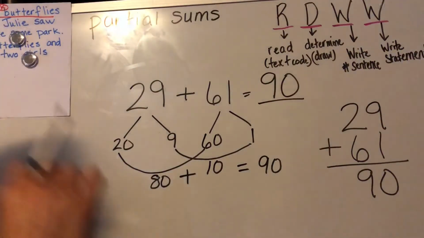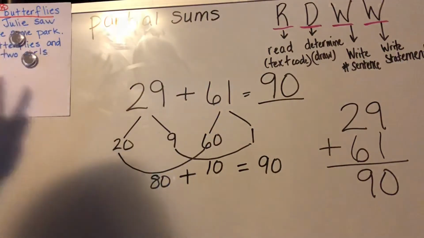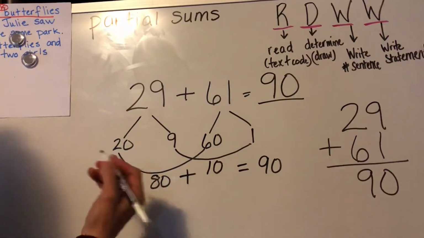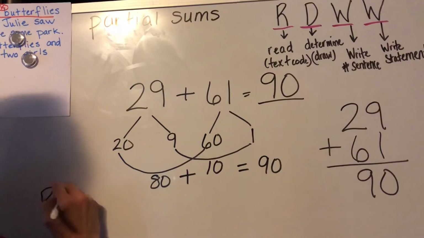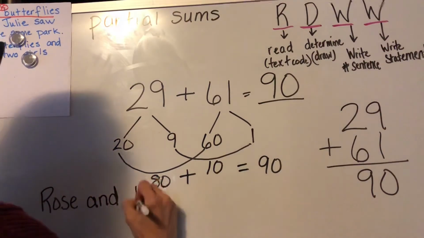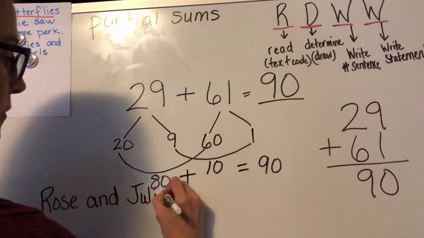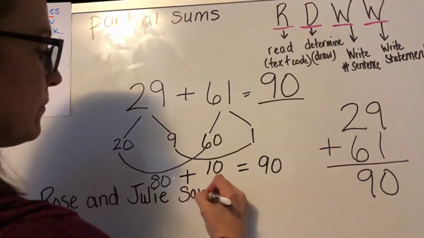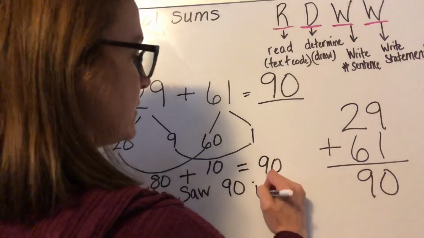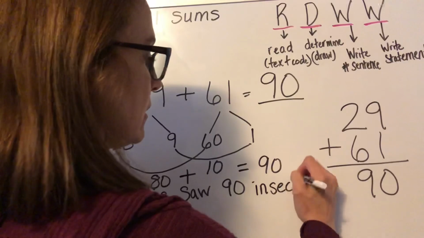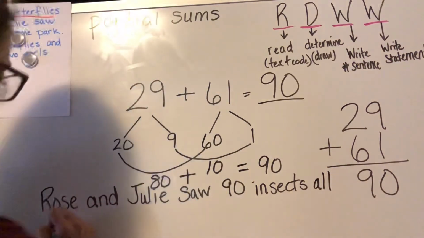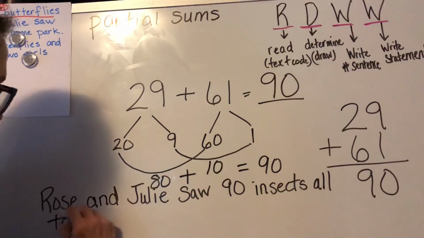My statement is my words. It's answering this word problem in words. So I'm going to write that Rose and Julie saw 90 insects all together.